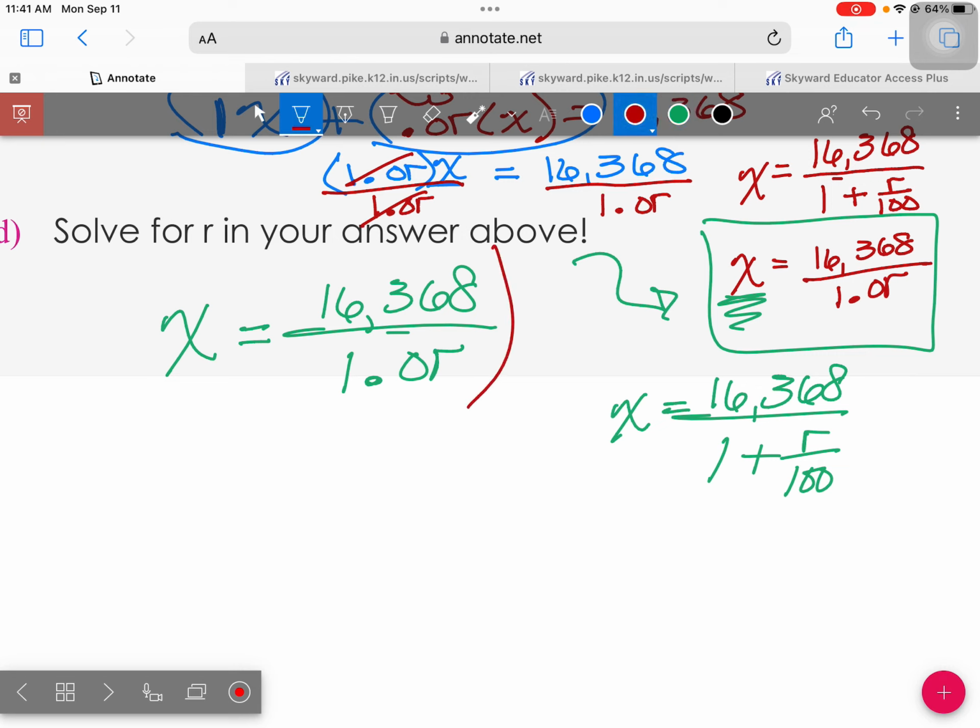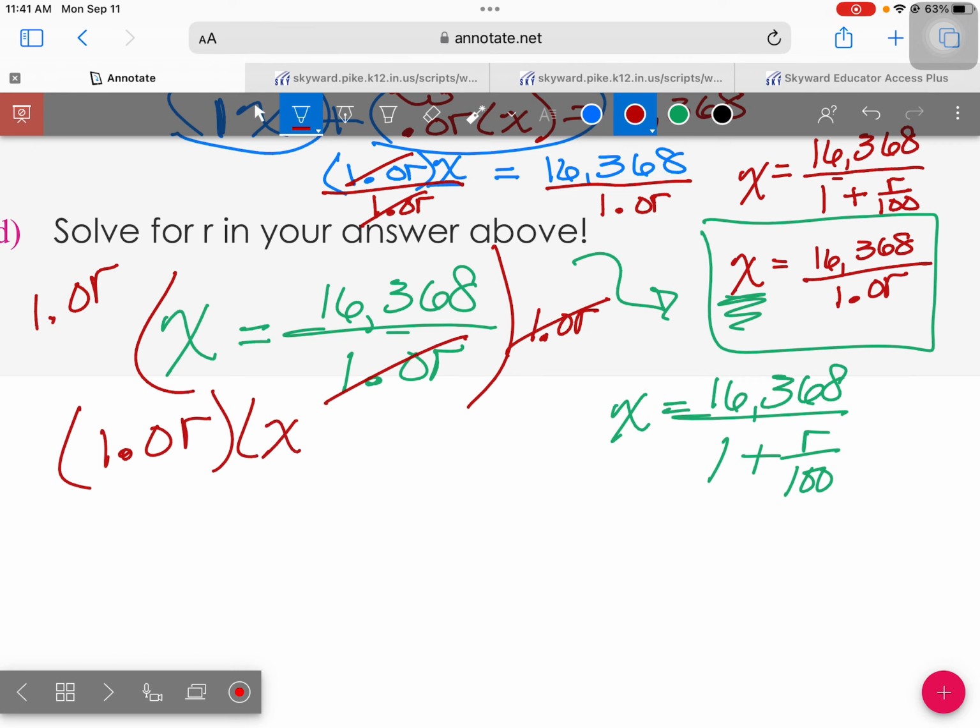So over here, multiply by 1.0r, and over here, multiply by 1.0r. That's going to simplify out. We get 1.0r times x is equal to 16,368. We're trying to solve for r.